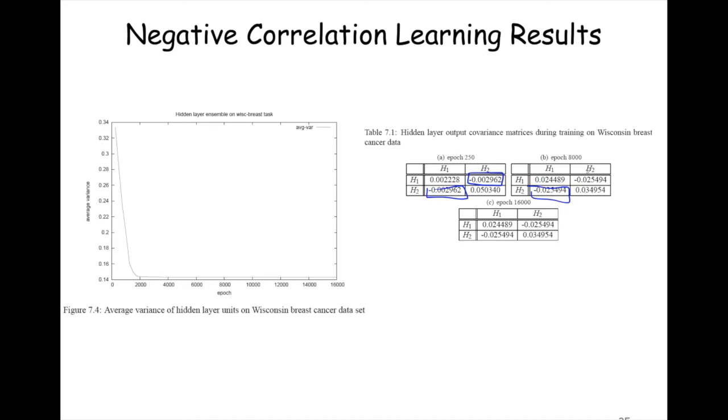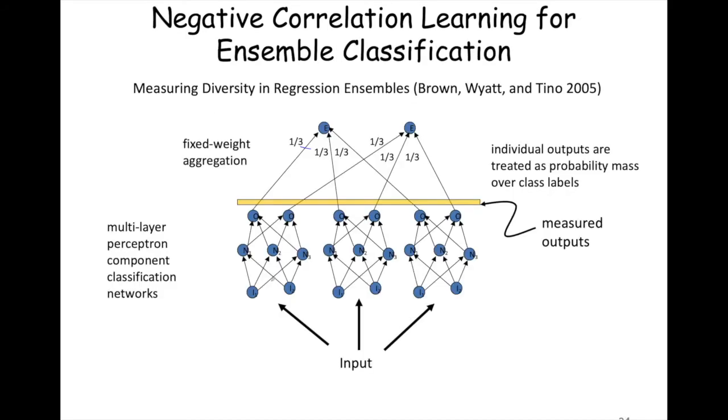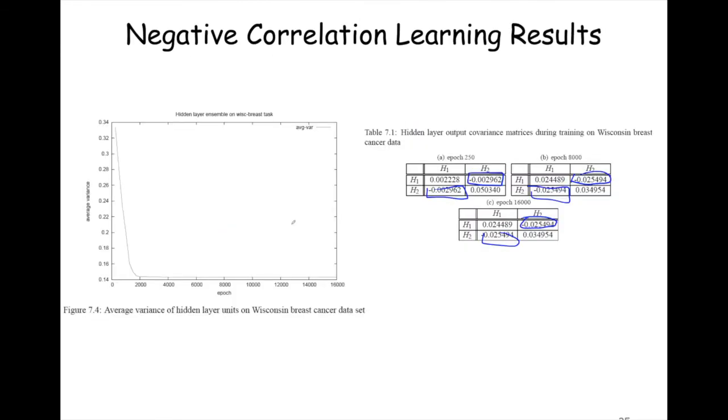And so this measurement confirms the publication about regression ensembles: over time, this uniform vote of these component regression models in an ensemble tends to have negative covariance, and correlation is nothing more than covariance divided by standard deviation, and therefore we have negative correlation happening.